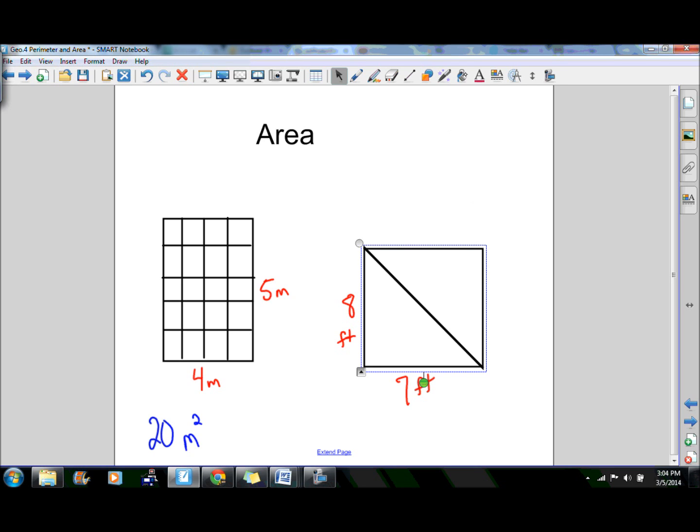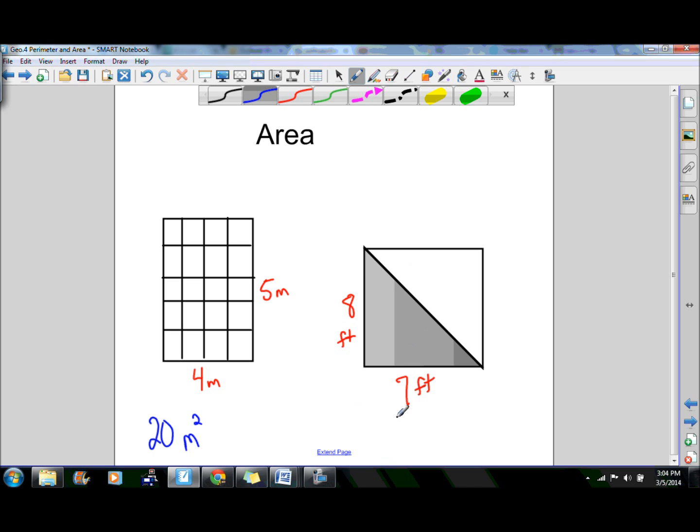The problem that we have, though, is our triangle is only half of this rectangle. So it's the same formula as a rectangle, except you divide by 2. So 8 times 7 is 56, but we divide by 2, so we get 28 feet squared for this figure.